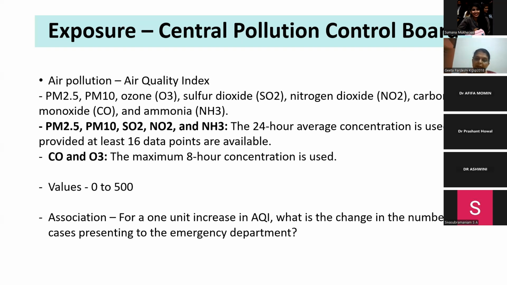So there is some clarity on the exposure variable. Now when we look at this data for exposure and then look at our research question, our research question becomes: for a 1 unit increase in the air quality index, what is the change in the number of cases presenting to the emergency department?